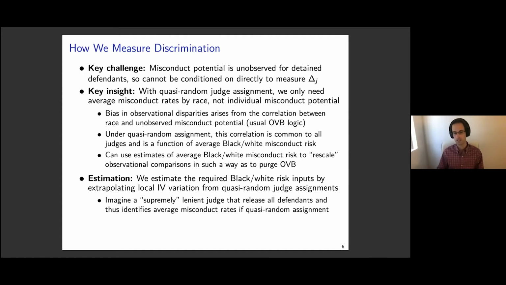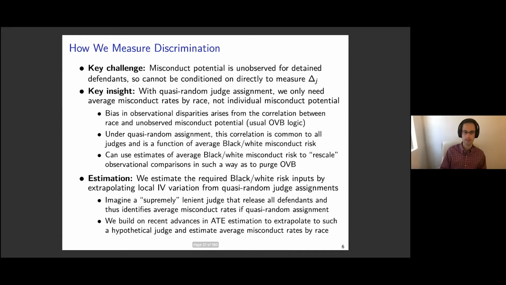In that case, you can just look at the misconduct rates of the defendants assigned to the supremely lenient judge. And because of quasi-random assignment, these misconduct rates are going to be equal to the population average misconduct rates. It's as if you had an experiment where you just randomly selected defendants and released them and looked at their misconduct rates.